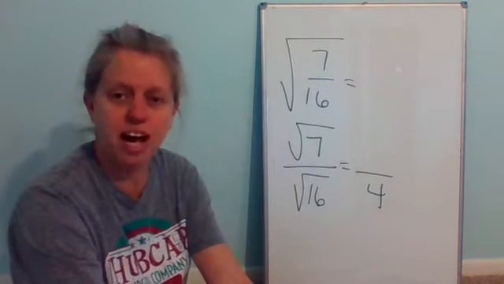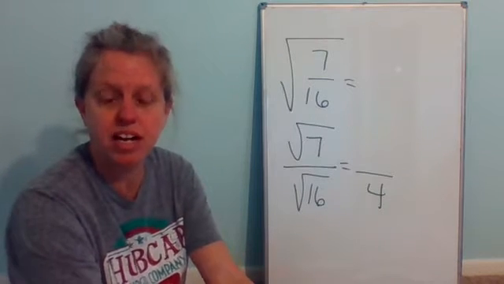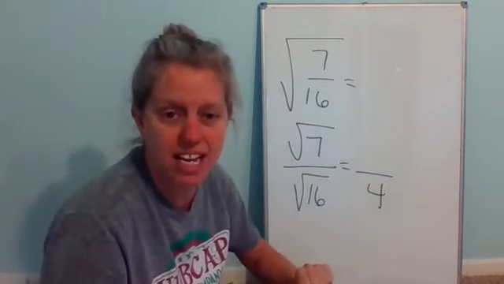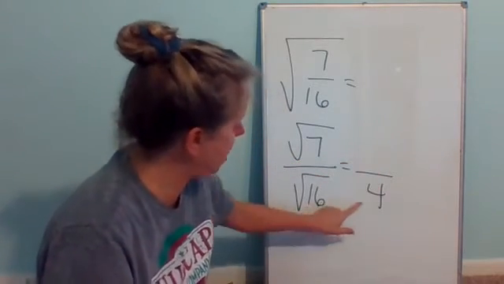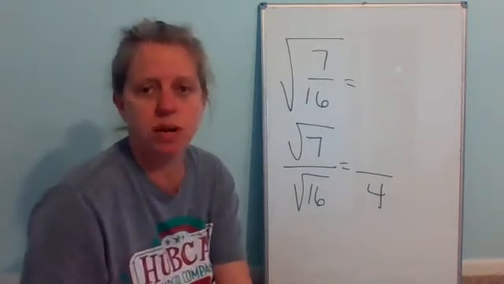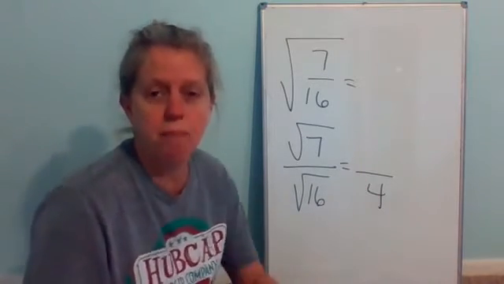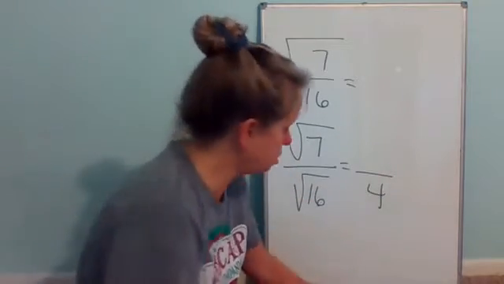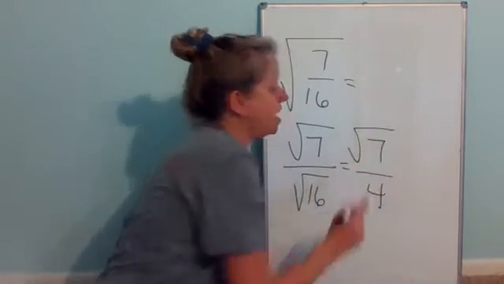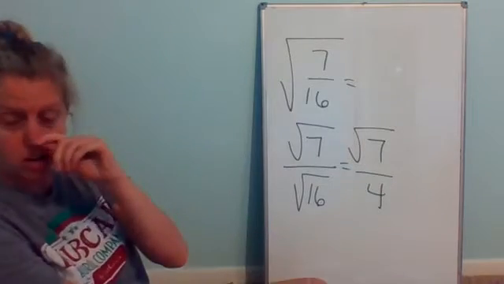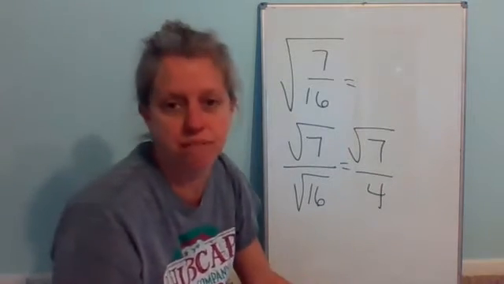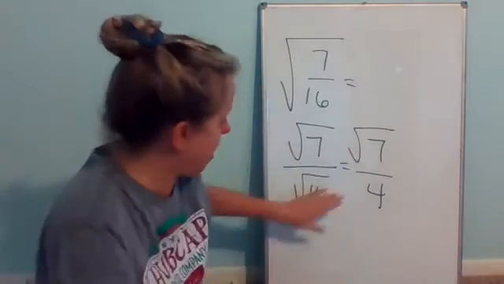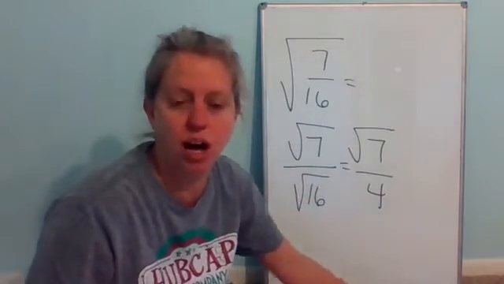There's not a whole number times itself that is 7. So for right now, what we're going to do is just bring that over, right? It's not like the 16. You can't just say, oh, 4 times 4 is 16. There's not a number where you can go, that number times itself is 7. So for right now, we're just going to keep that underneath its radical because we can't simplify it. So you're just bringing the top over since it can't simplify, and then taking the square root of the bottom.